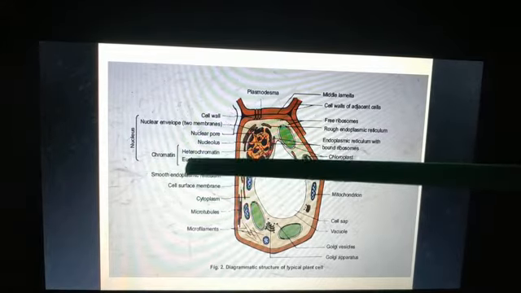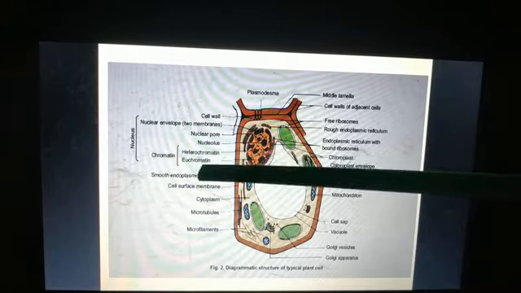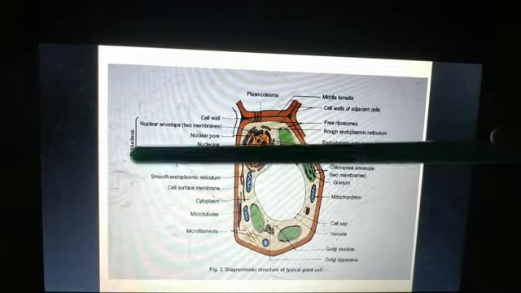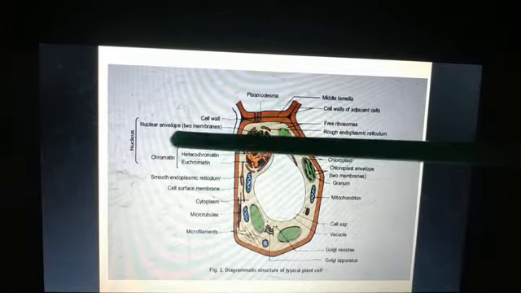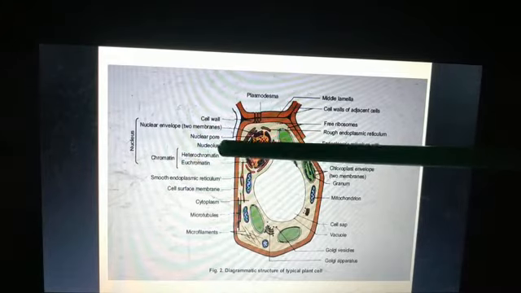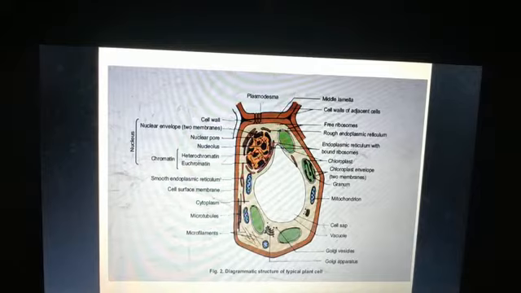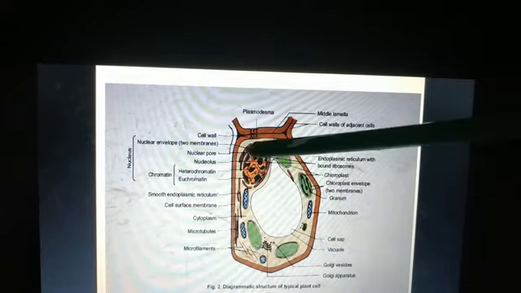Chromatin, it will be the heterochromatin and the euchromatin, both are present. So all this together constitute a nucleus. The nuclear envelope, nuclear pores, nucleolus and the chromatin, together they will be called as a nucleus.